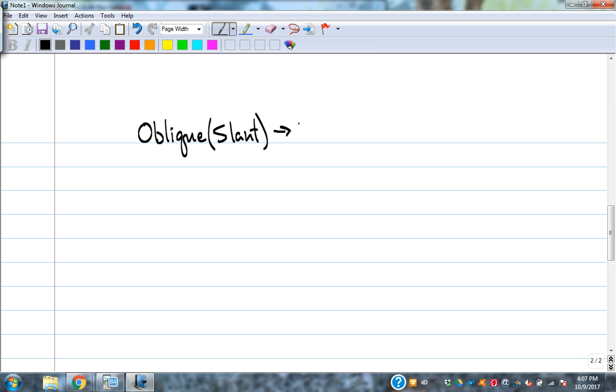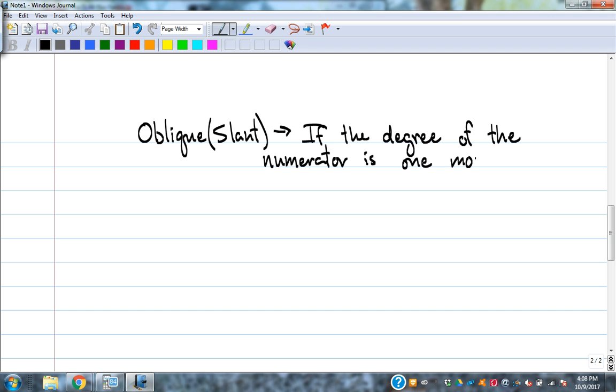There's only one case where that happens, and that's if the degree of the numerator is one more than the degree of the denominator.